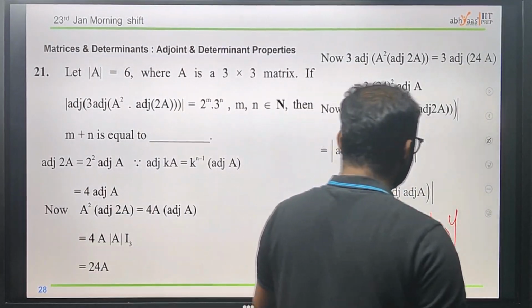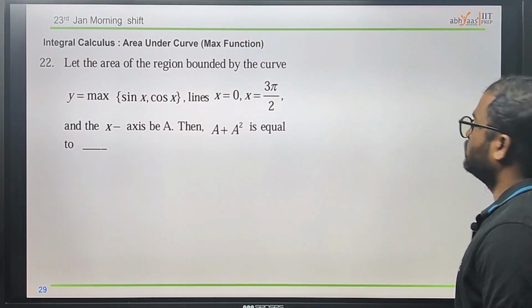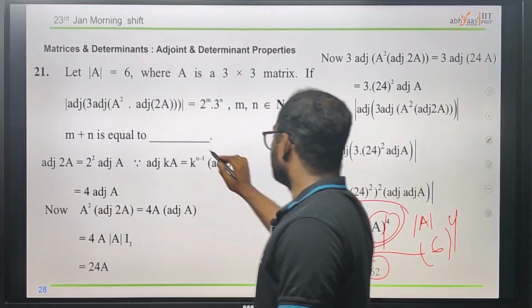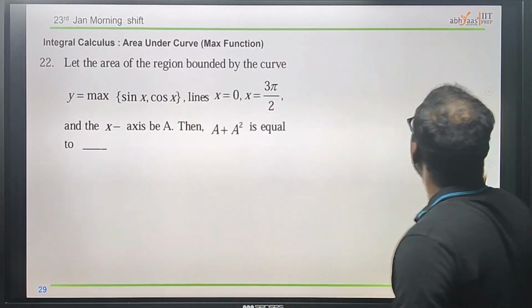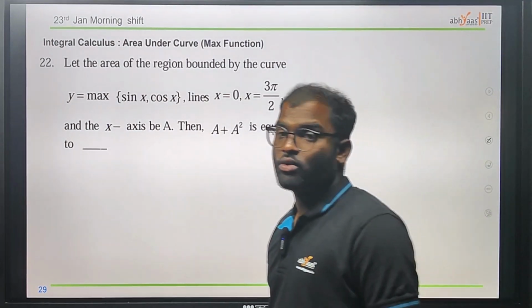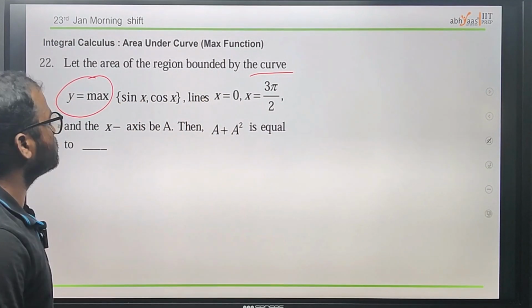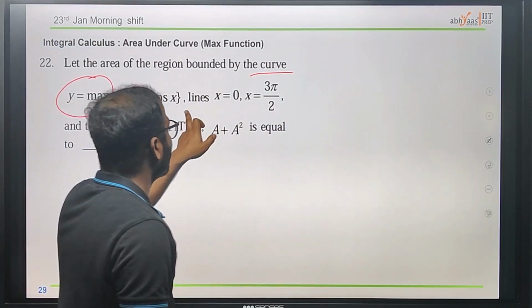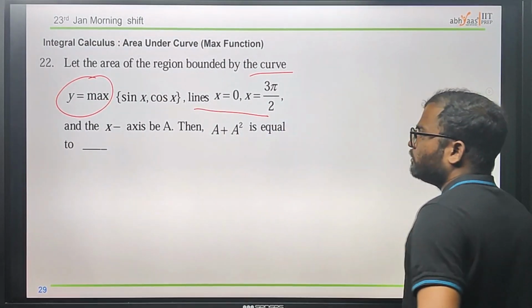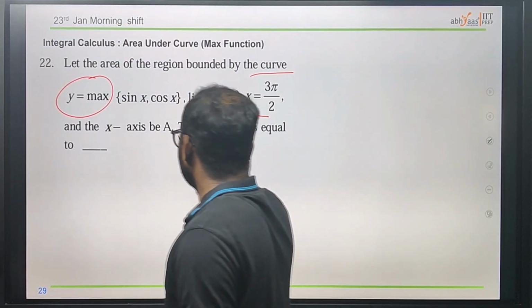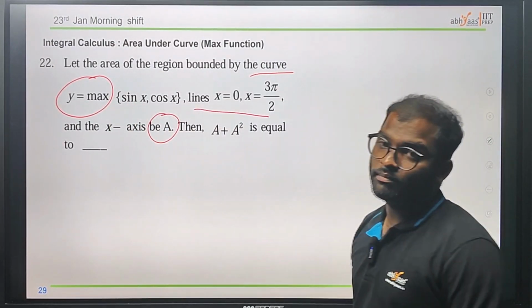Now moving to the next question. I think 62 is the answer. We have the area of the region bounded by the curve which has the maximum value between sin x and cos x, where the lines x equal to 0, x equal to 3 pi by 2, and the x axis is A. Then what is the value of A plus A square?